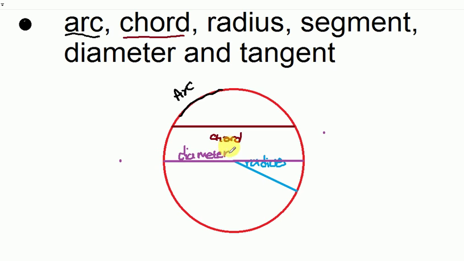Now we're getting to the segment, and a segment is defined as part of the circle that is cut off by a chord. A chord divides a circle into two segments.